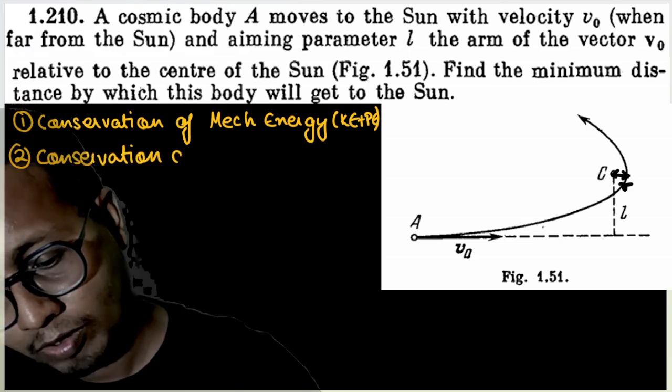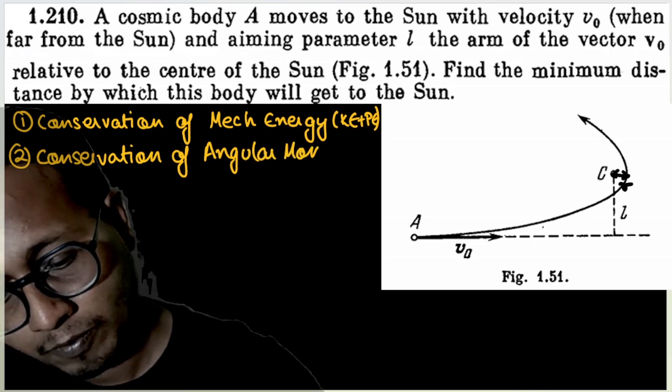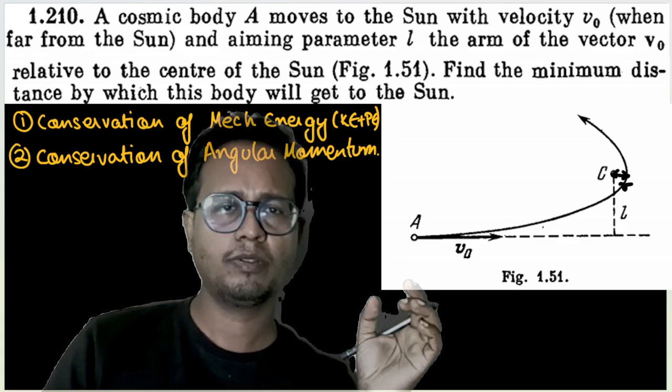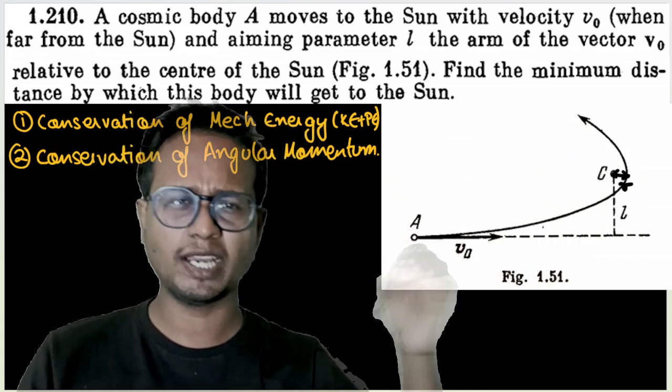These are the two equations that you have to apply, whenever there is a heavier mass and the lighter planet is going around the heavier mass.